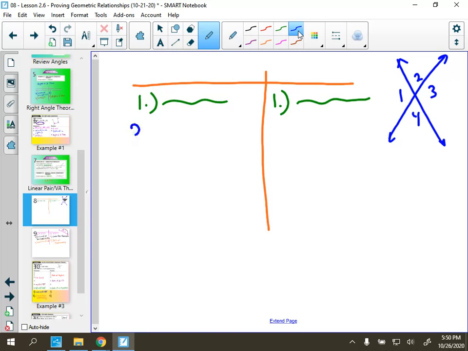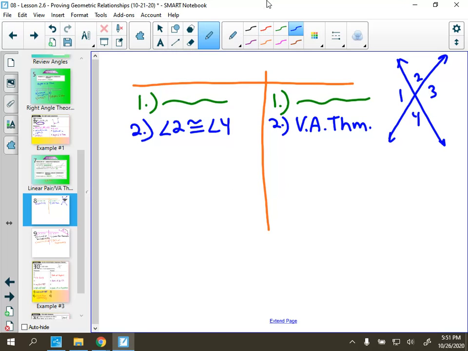So I could absolutely introduce right now, depending on what I was being asked to prove, if I felt like it was helpful, I could absolutely say that angle 2 is congruent to angle 4 by the vertical angle theorem. Now again, it's congruence, which isn't bad. That's not a terrible thing. We've introduced 2 and 4 into the proof. Maybe that's helpful down the road.